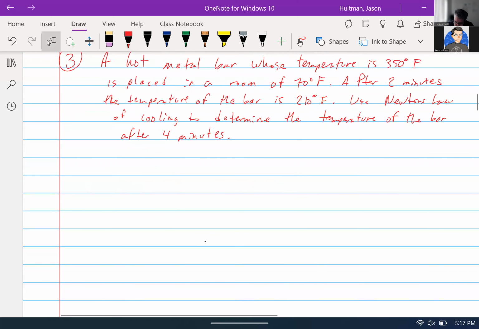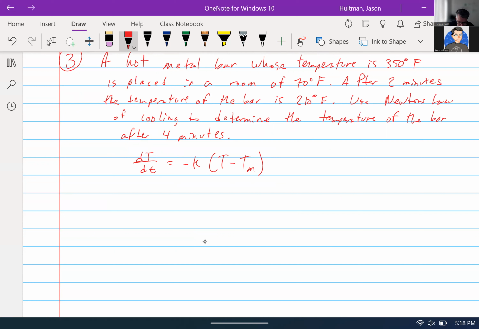So we need to know the differential equation for Newton's law of cooling. We saw that in section 1.1. We said, here's dT/dt, the temperature is a function of negative k times T minus Tm, and Tm was the ambient or environmental temperature.